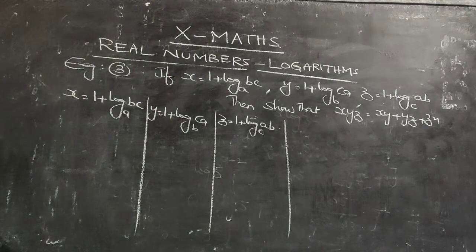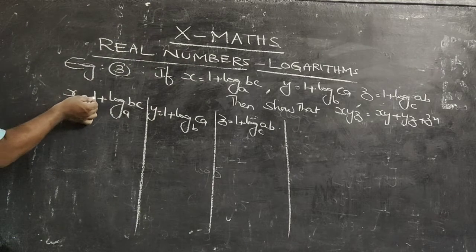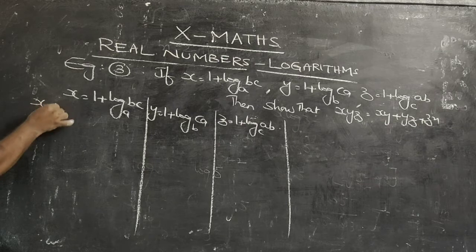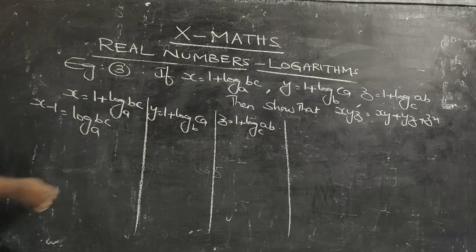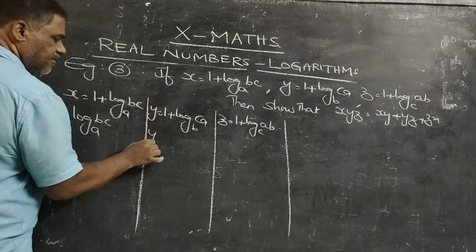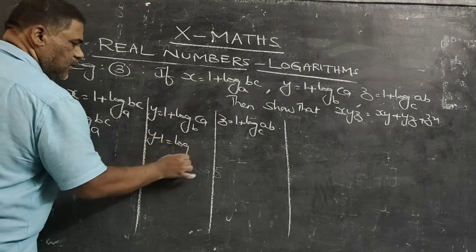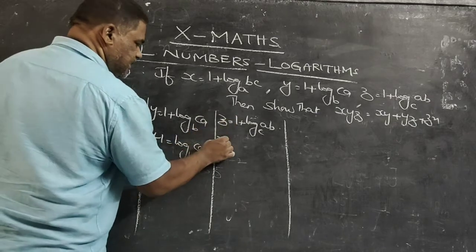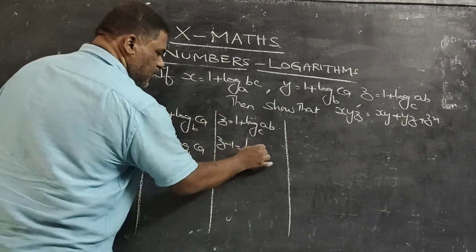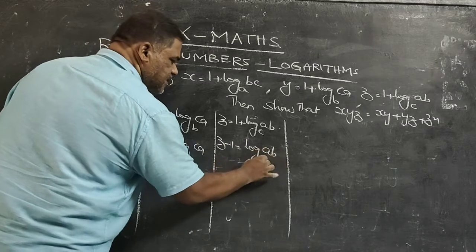First you send one this side, x minus 1 is equal to log bc base a. Here you take one this side, y minus 1 is equal to log ca base b. Send one this side, z minus 1 is equal to log ab base c.